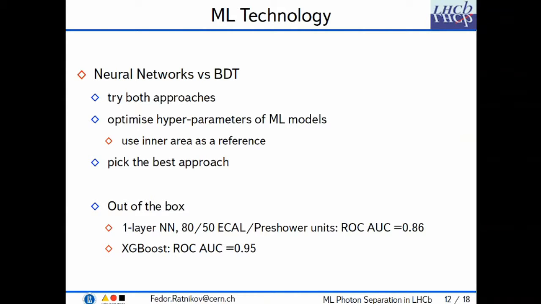As a starting point, just out of the box, a one-layer neural network gives an Oracle score of 0.86, and XGBoost 0.95. So from the first perspective, XGBoost wins, but who knows, probably the opposite. It may be because our neural network is just not well configured.